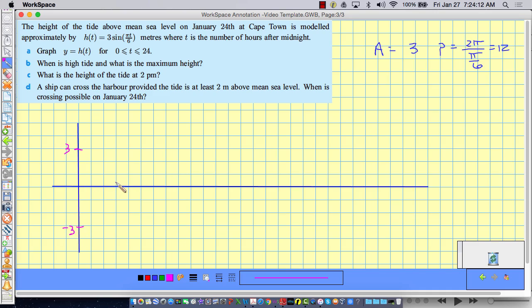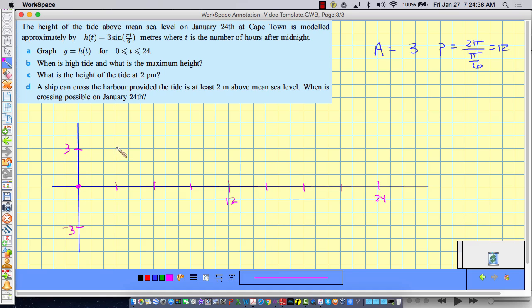So 1, 2, I'll do every 3: 3, 4, 5, 6, up through 23, 24. So 24 and 12. So it's a sine curve, amplitude of 3, period of 12.